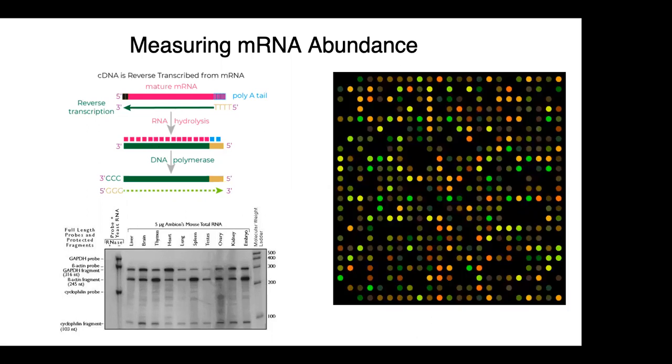Another very popular method is microarrays. Like northern blots, microarrays are hybridization based. But in contrast to northern blots, a microarray yields highly detailed information about individual genes that have been transcribed.